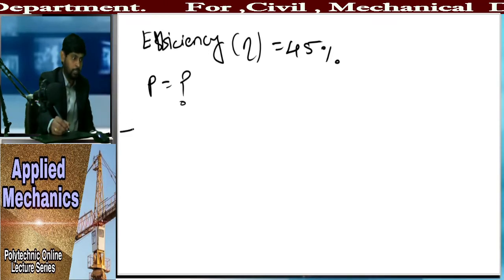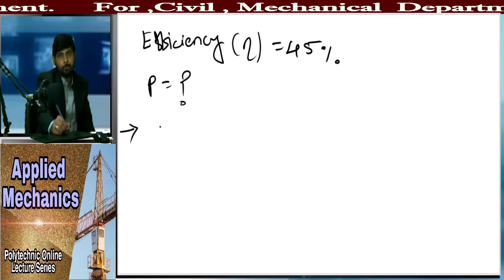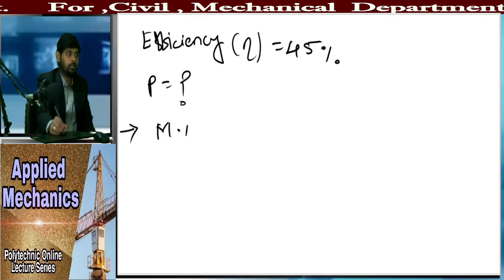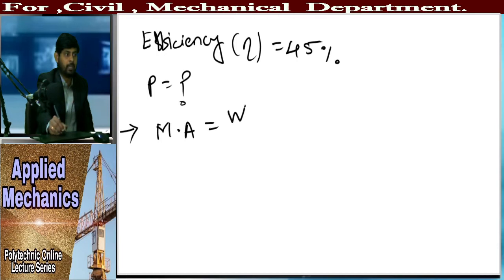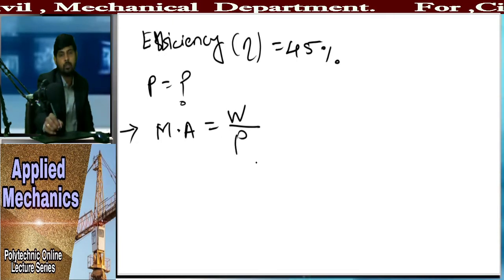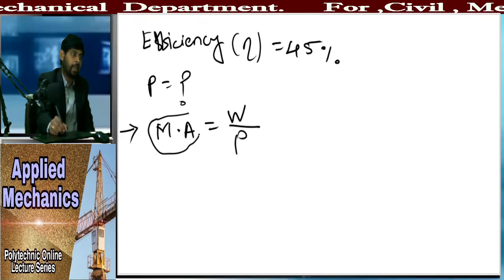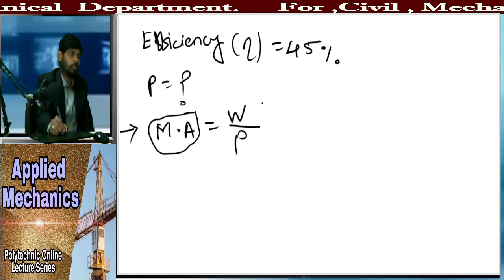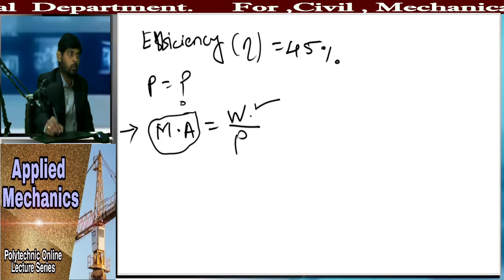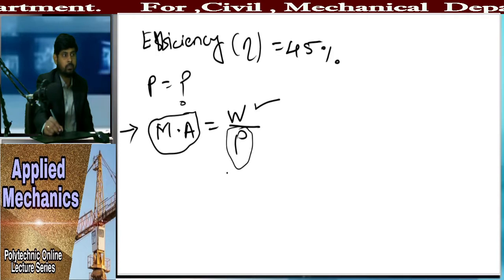So how can we find out the effort? We can use one equation: mechanical advantage is nothing but the weight upon effort. But mechanical advantage is not given to us, load is given, but P is again unknown.